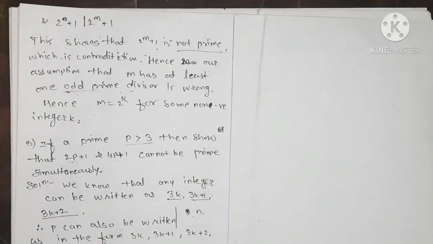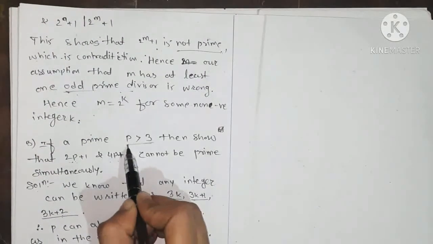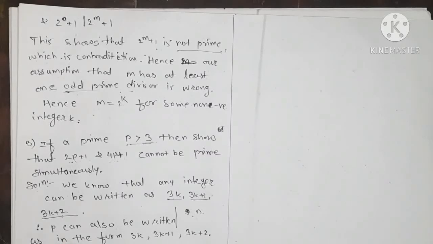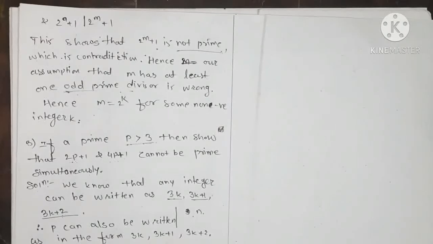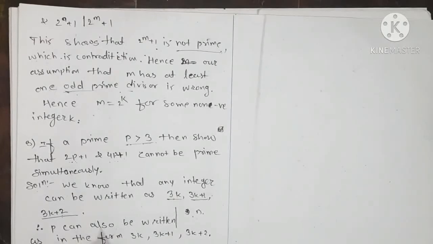But what is given here is that p is greater than 3. So let p greater than 3 be a prime. Therefore, p greater than 3 implies p cannot be written in the form 3k.